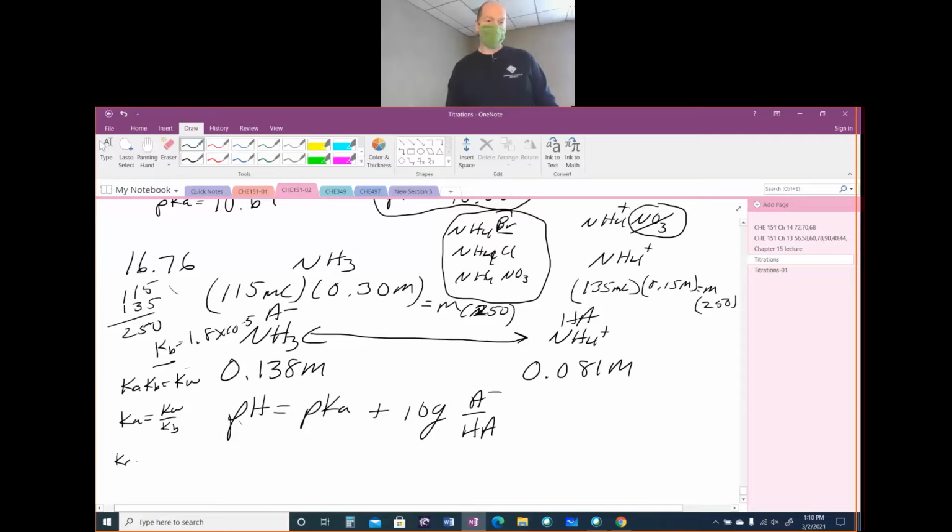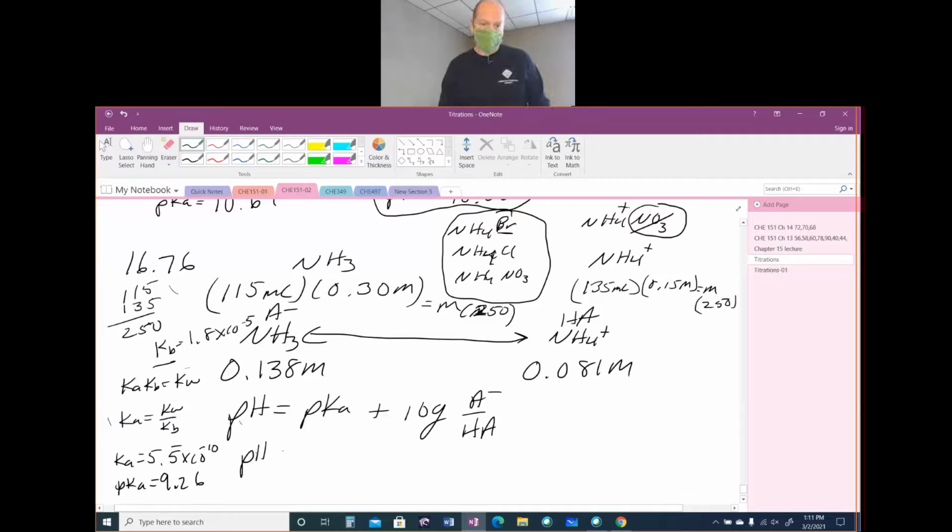So the Ka is 5.5 repeating times 10 to the minus 10. If you round that to 5.6, that's fine, but I'm going to leave the repeating 5 in there, and I'm going to take the negative log of that answer and get 9.26. So your pKa is 9.26. If you round it to a 5.6, your answer is going to be 9.25, and that is fine.